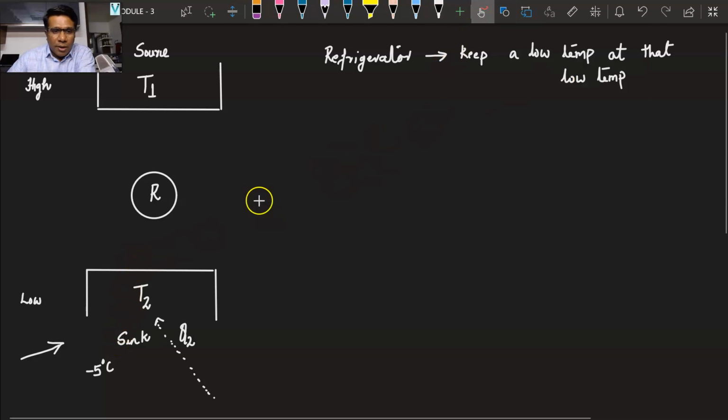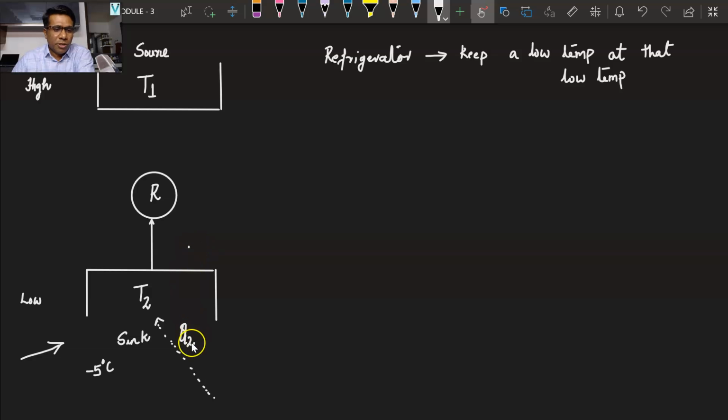The refrigerator has to absorb this heat from the low temperature space. It has to extract the heat from the low temperature space. So this is the basic desired output of a refrigerator. Whatever heat leaks into this low temperature space has to be extracted by the refrigerator.